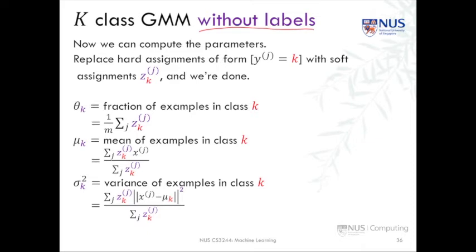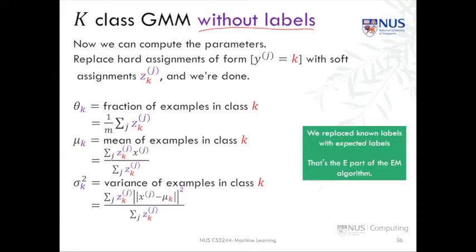With this, we can get a re-estimation of all the parameters in our model, which are these three variables. And we're back to step 1. This is the case where we have replaced our known labels y, which we are trying to infer, with the expected labels at the particular time step which we're at now. This is the E part of the EM algorithm.